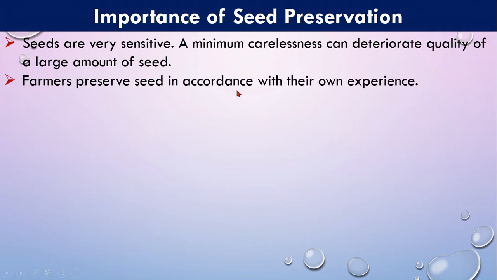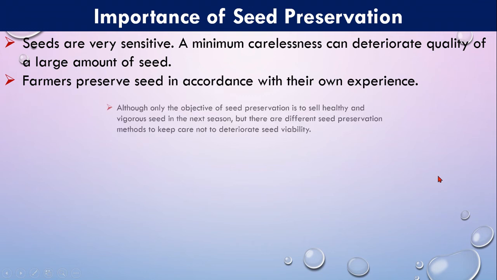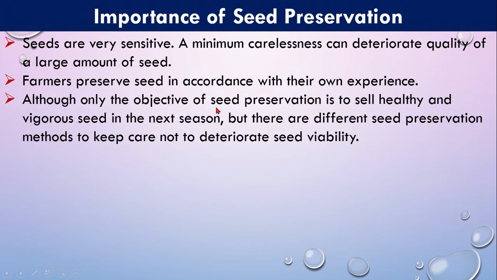Farmers preserve seed in accordance with their own experience as well. The objective of seed preservation is to sell healthy and vigorous seed in the next season, and there are different seed preservation methods to avoid deteriorating seed viability.